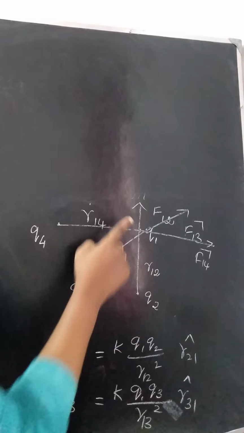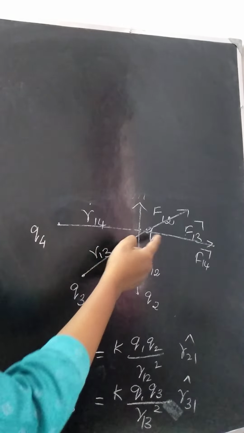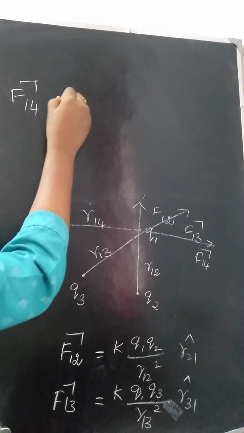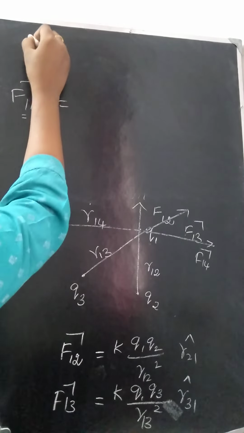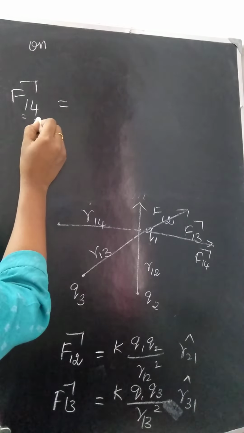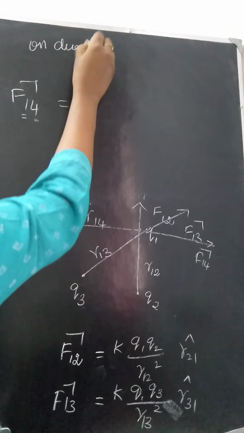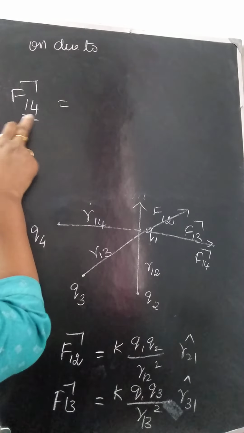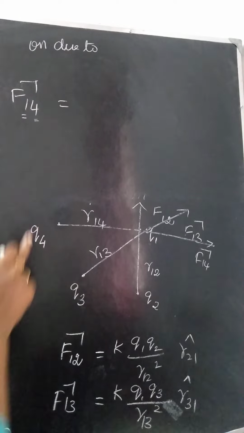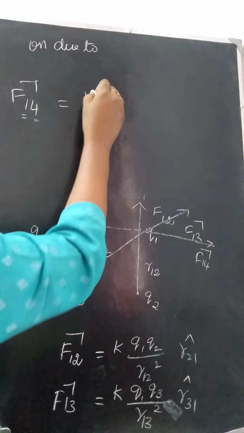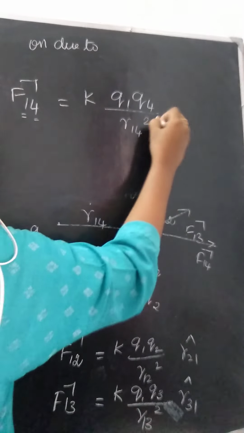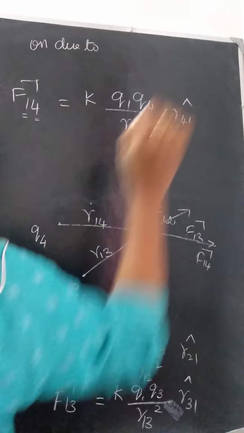On Q1 due to Q2, on Q1 due to Q3, on Q1 due to Q4. So what is the value of that one? F14 vector is equivalent to, the first letter is giving on, the second one is due to what. This is the way we follow. So on charge Q1 due to the charge Q4, what is the value? K into Q1, Q4 divided by R14 square into R41 cap. Am I correct?